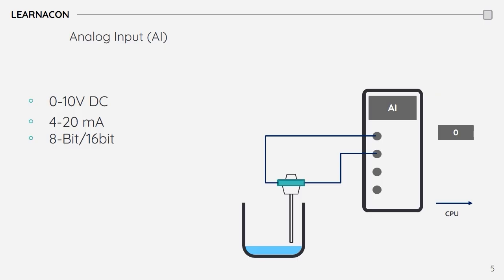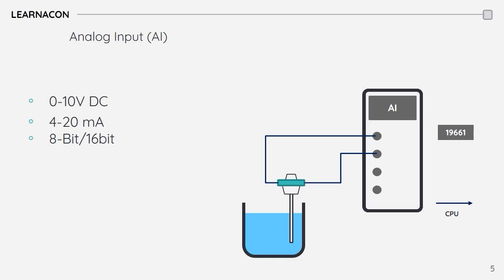Analog input module. An analog input card converts a voltage or current into a digitally equivalent number that can be understood by the PLC. Examples of analog devices are pressure transducers, flow meters, and thermocouples for temperature readings.